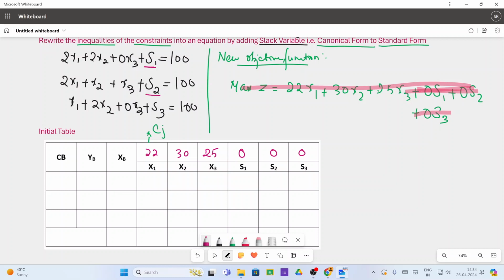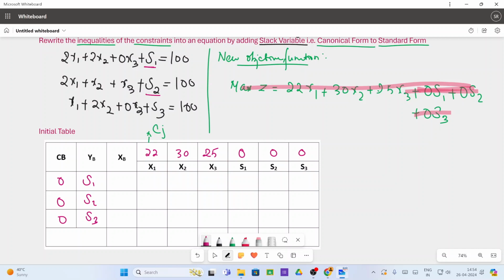Since you have introduced slack, your Yb values are going to be your slack variables, s1, s2 and s3. Cb in the initial table of the simplex method is going to be 0. The next thing is we take the values from the constraints.